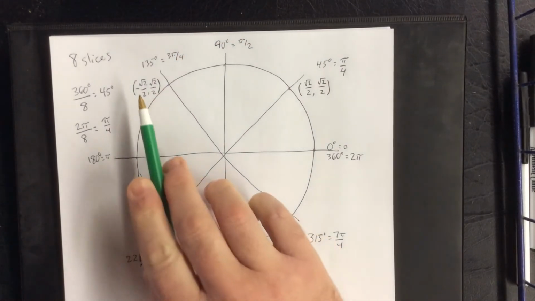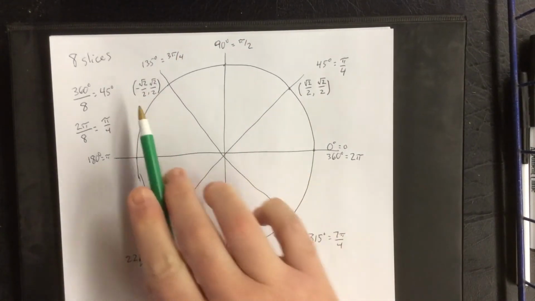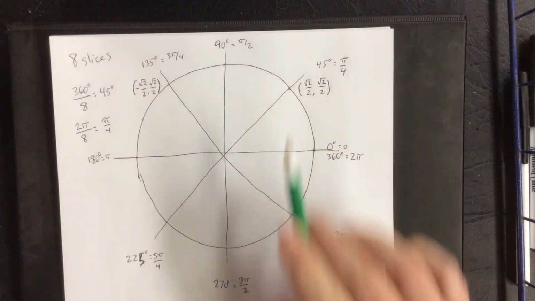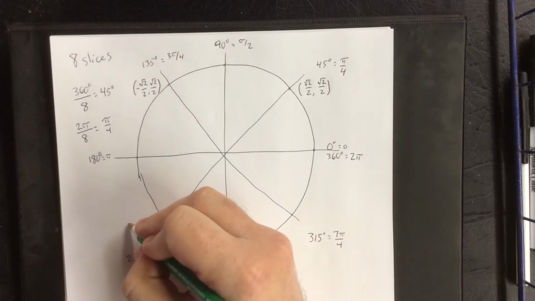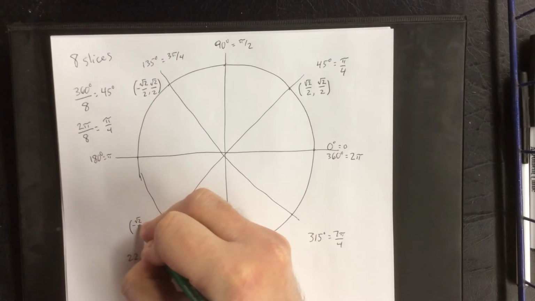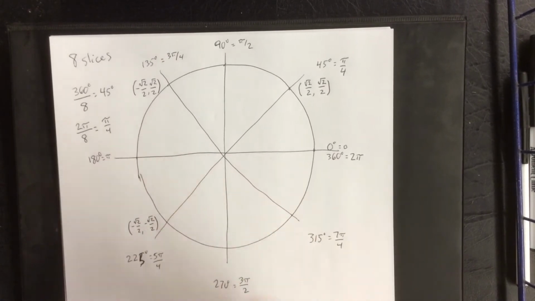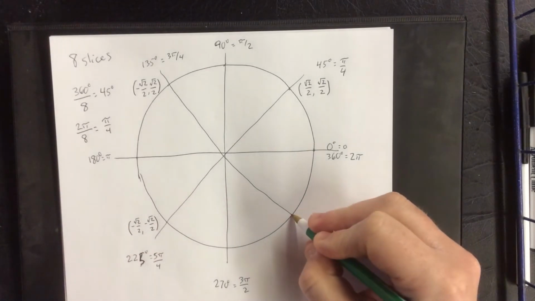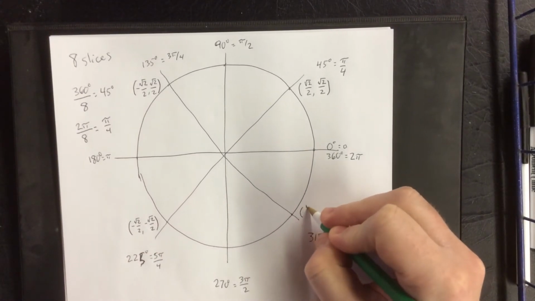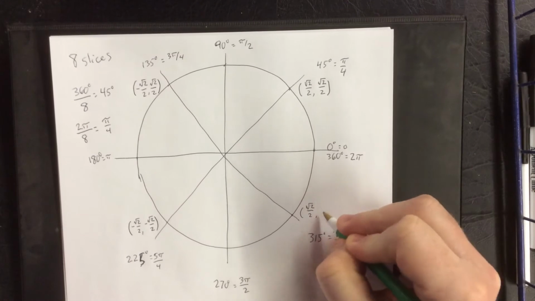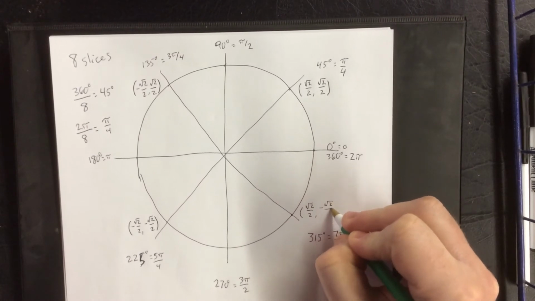And again, the coordinates will stay the same in magnitude because these are all reference angles relative to each other. Down in quadrant 3, this would be negative root 2 over 2 and negative root 2 over 2. And finally in quadrant 4, this would be positive root 2 over 2 and negative root 2 over 2.